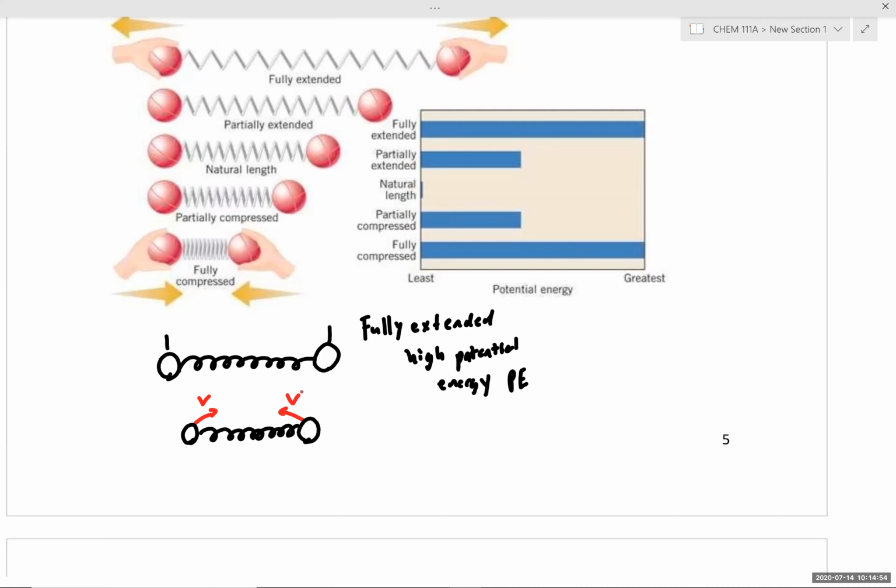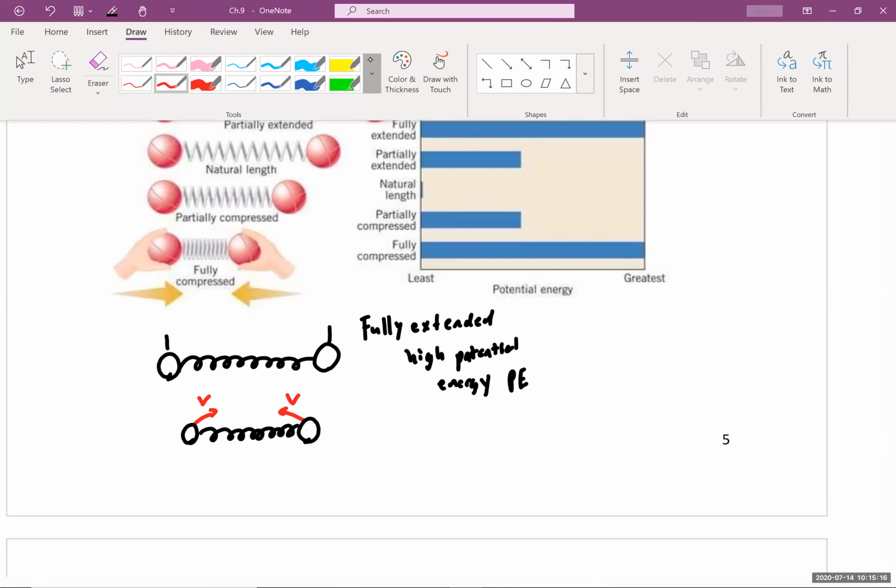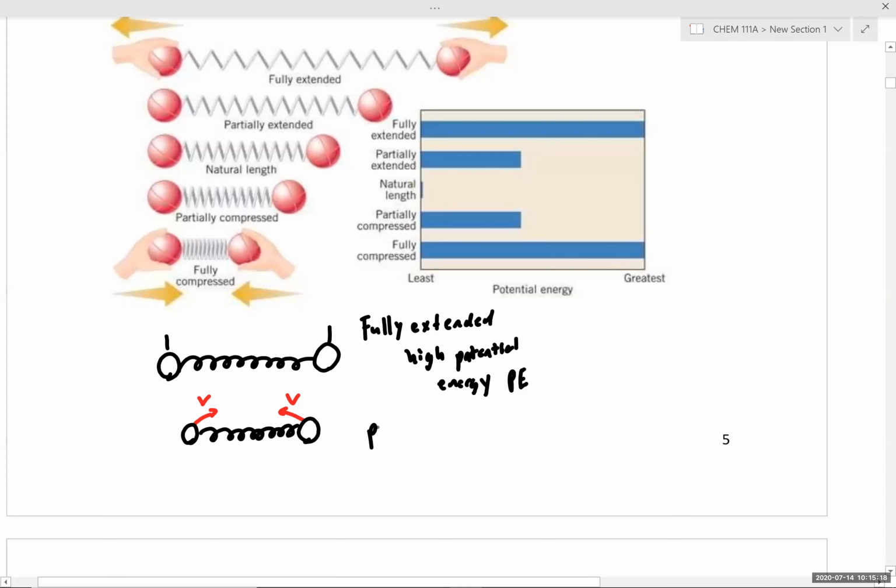The spring is initially extended, we let go, and the ends start to move. So what's happening to our potential energy? It's being converted into the energy of motion. What do we call that energy? Yes, exactly right. It is converted into kinetic energy.